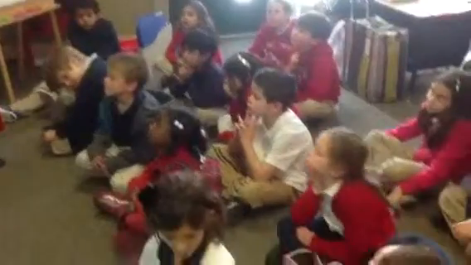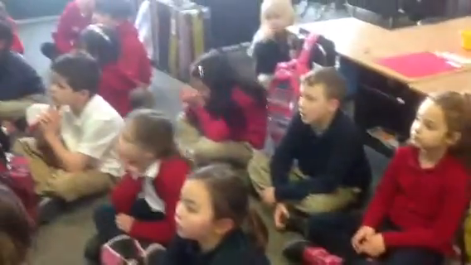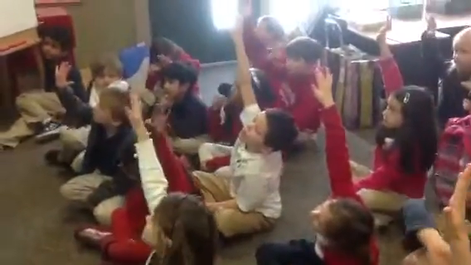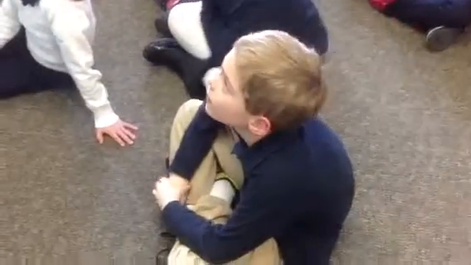The other groups that met with me, we were testing out some of our books, and we were working on a specific sound that C can make when it's next to its friends E and I. What sound does C make when it's next to an E or an I? Meyer. The soft C sound, which says the S sound, right?